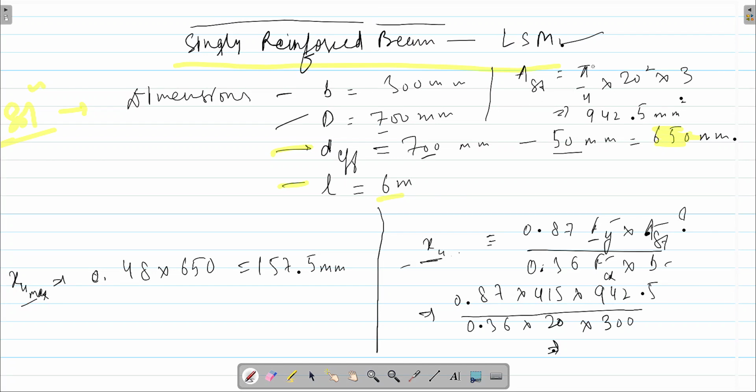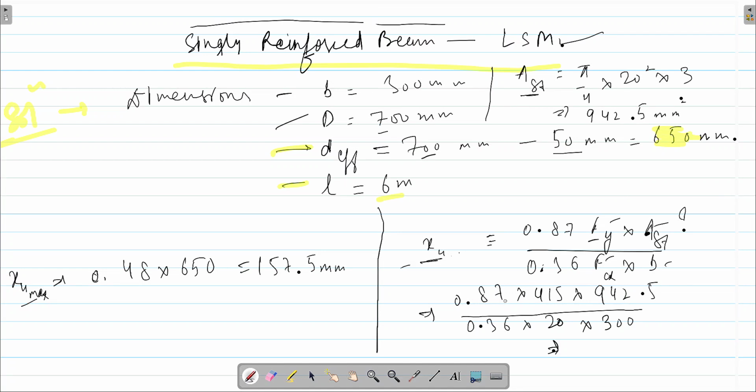So for calculating AST, as mentioned in the question, we have 3 bars of 20 mm dia. So we'll calculate the area of 1 bar and multiply it with 3 bars. From here we can calculate the total area of steel in tension, which comes out to be 942.5 mm square.